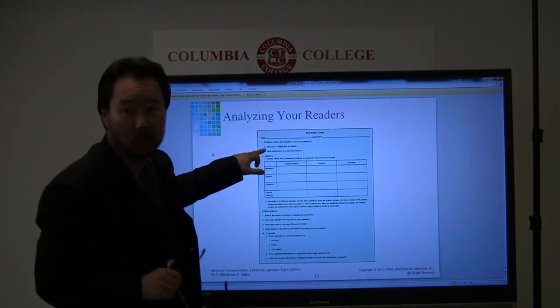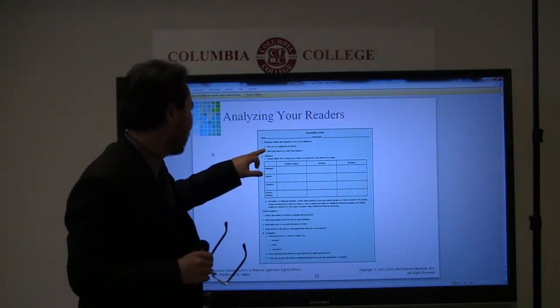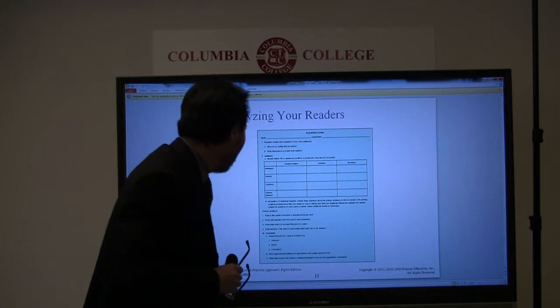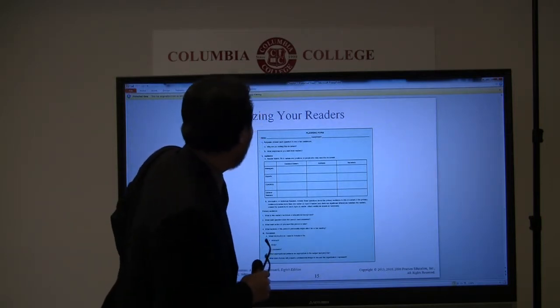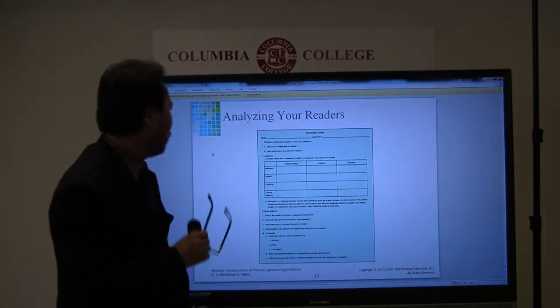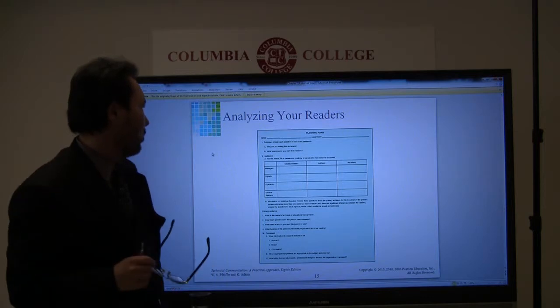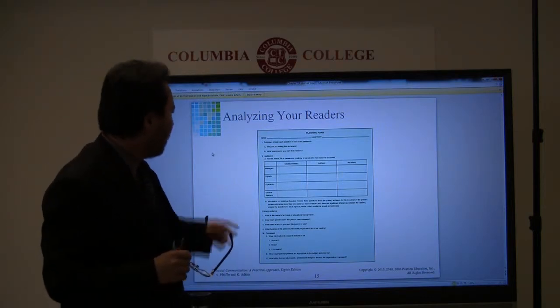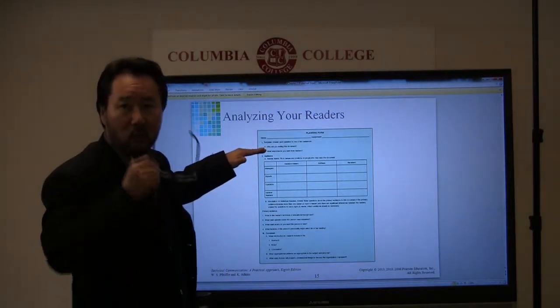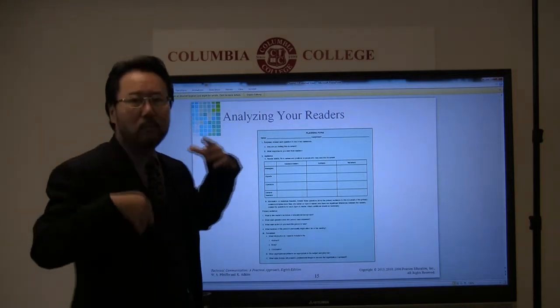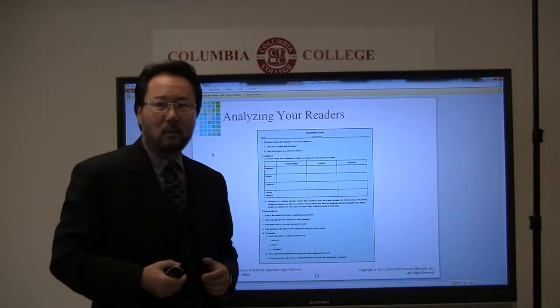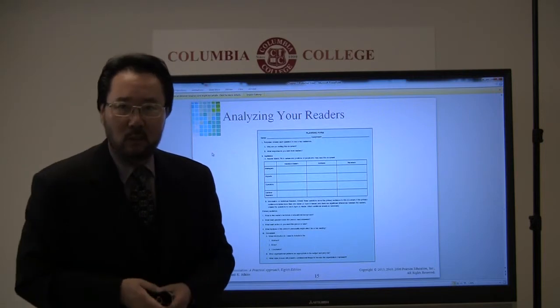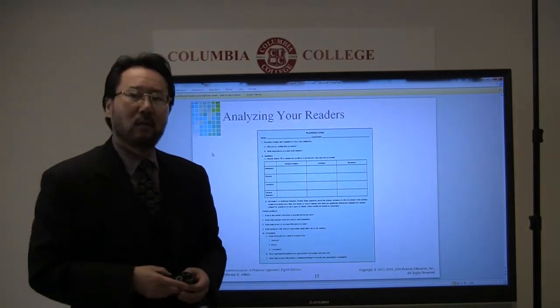Why are you writing this document? What response do you want from that person? First, you start with a purpose. Why are you writing? What are you trying to achieve in your writing?